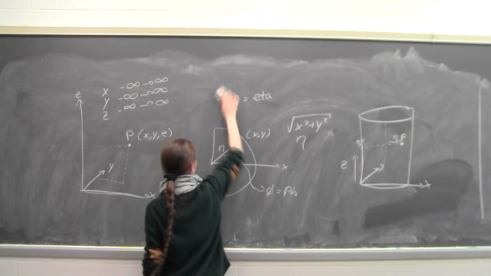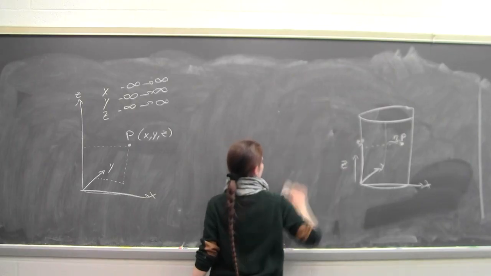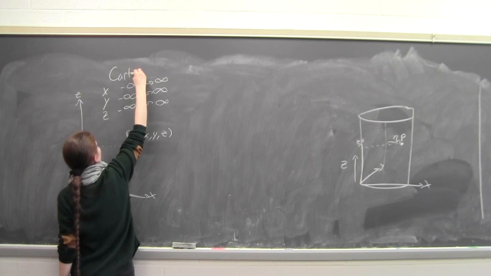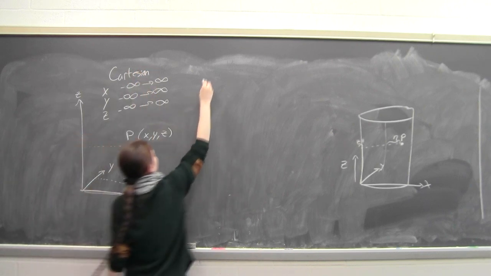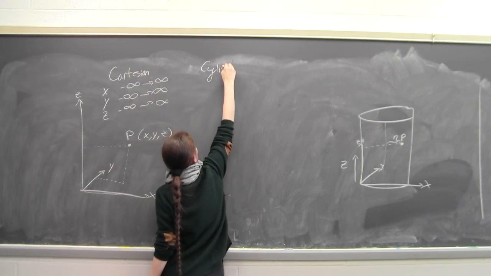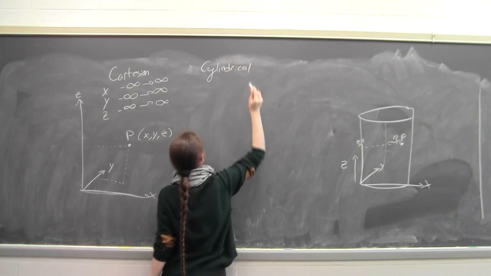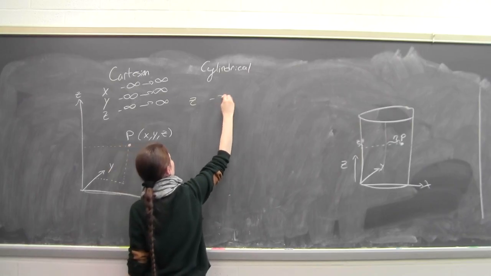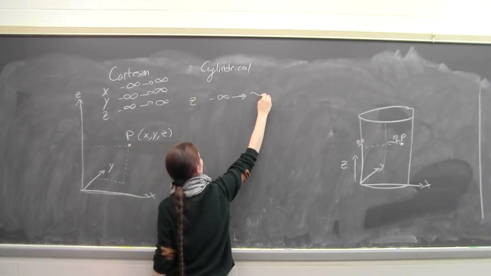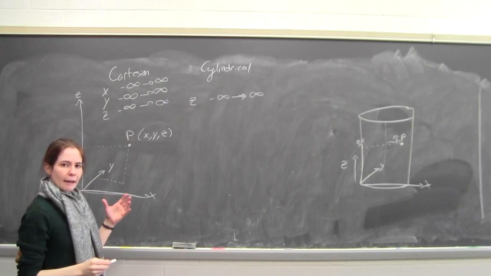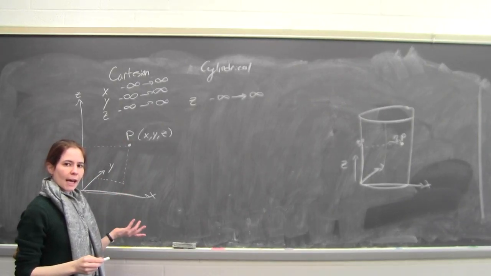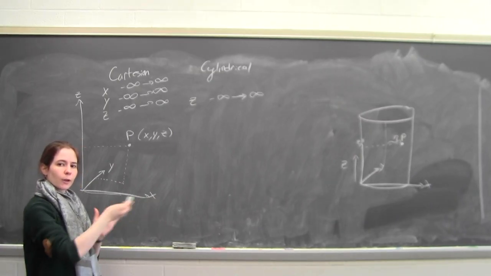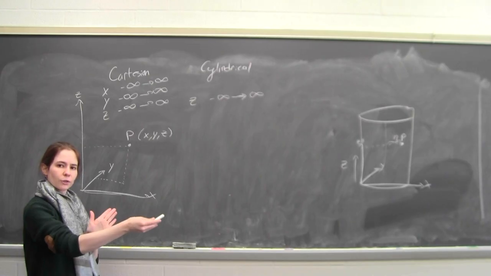So this is in Cartesian. In cylindrical, we have our z coordinate, which can still go from negative infinity all the way to positive infinity. But then we have our eta coordinate and our phi coordinate. So eta is just, remember, measuring the distance from the center of the cylinder to wherever we're interested in.